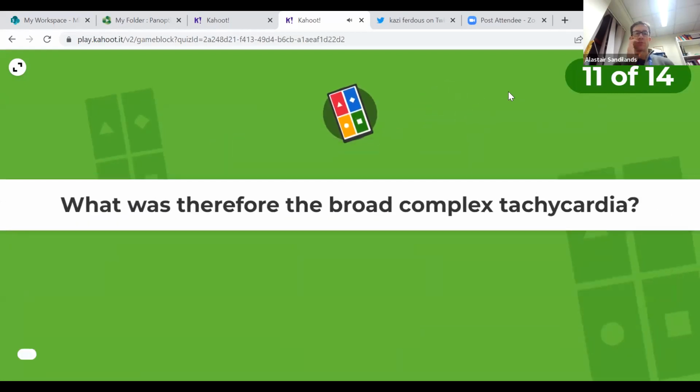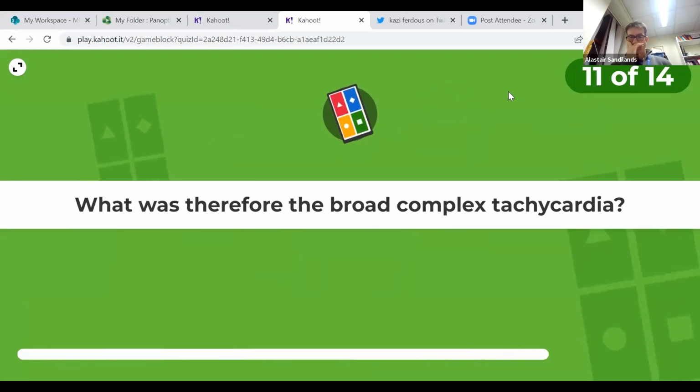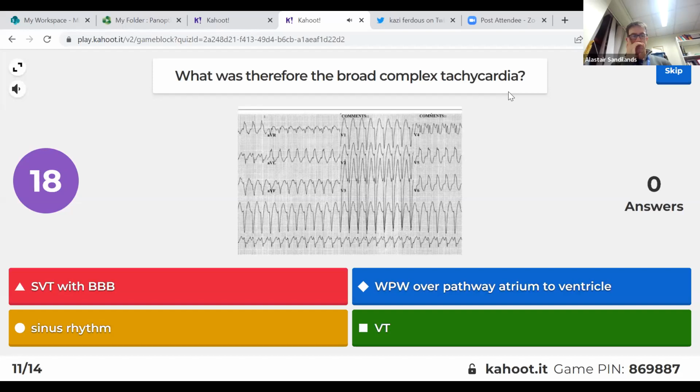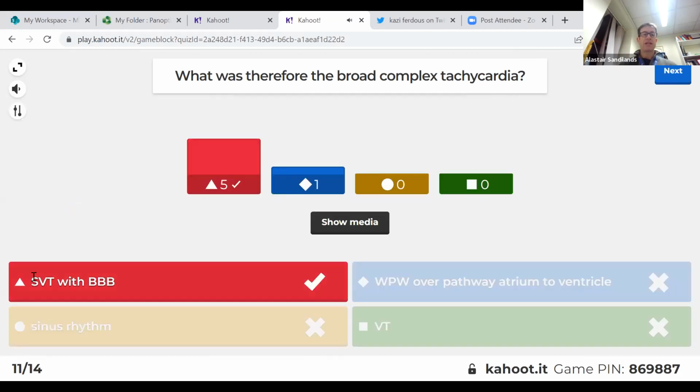Last question on this bit. Yeah, so it was an SVT with bundle branch block because we had sinus rhythm.